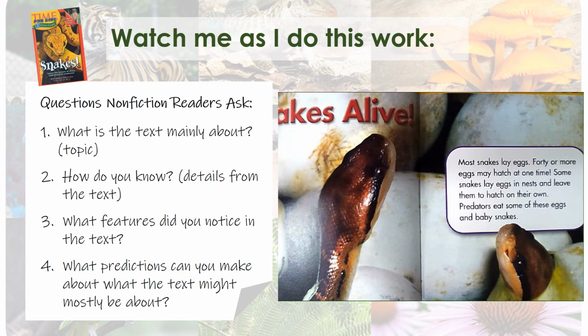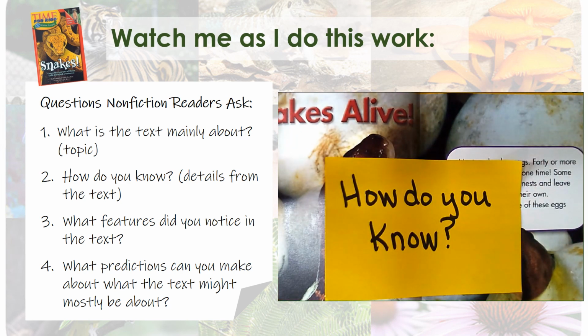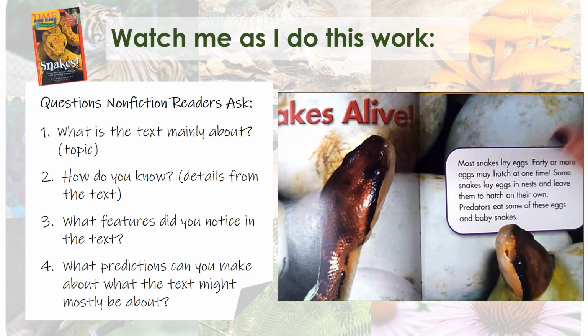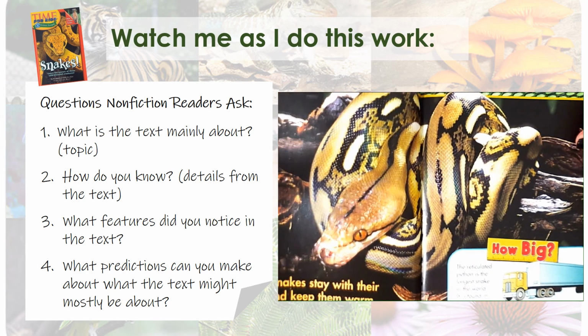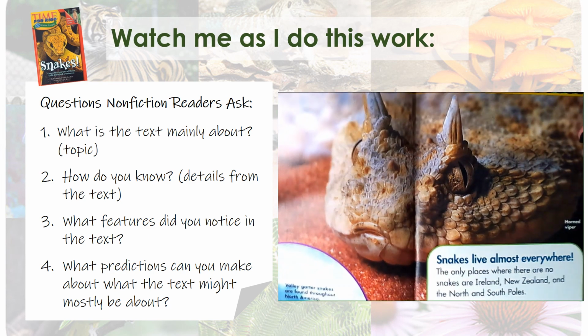Next, I need to answer the question, how do you know? How do I know this book is mostly about snakes? Well, I sort of answered that question for myself already. There are lots and lots of pictures of snakes in the text. If I keep turning, I'm going to find more and more snakes.